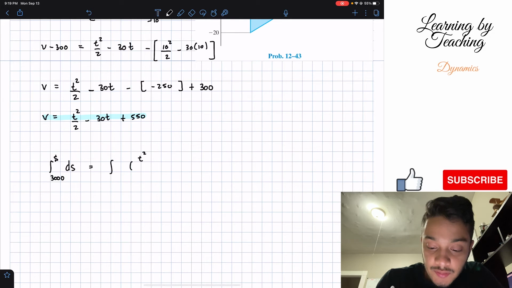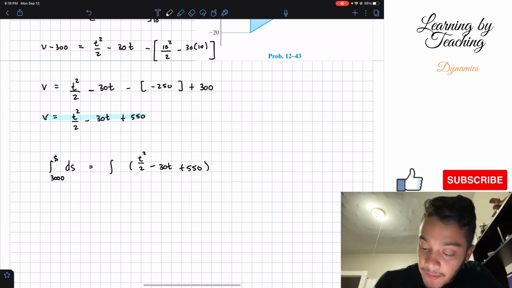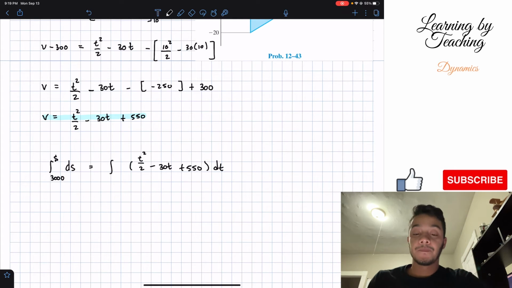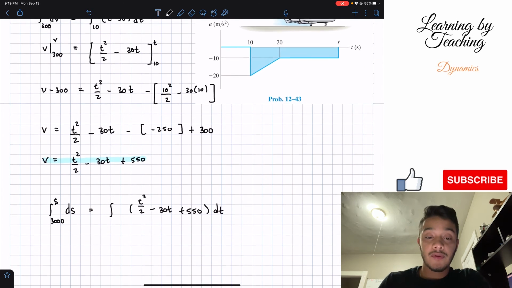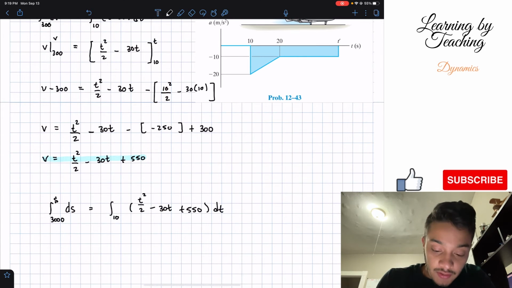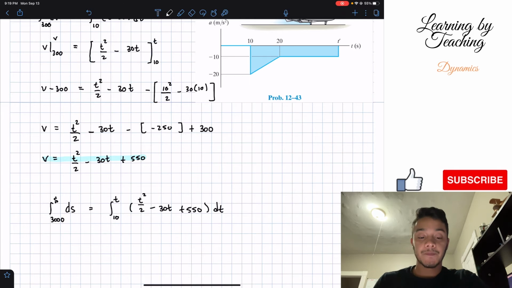Well, velocity is t squared divided by 2 minus 30t plus 550. Okay, multiplied by the change in time. We are just missing the boundary, the initial conditions for our time. And the time, as we stated before, is going to go from 10 all the way to our final time.